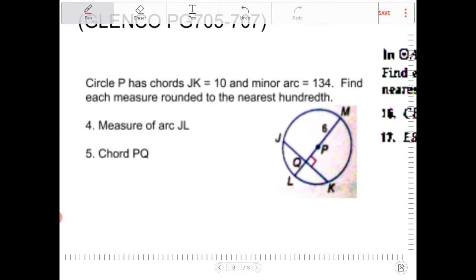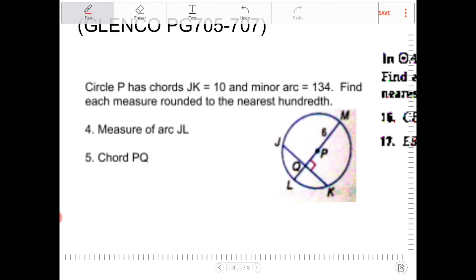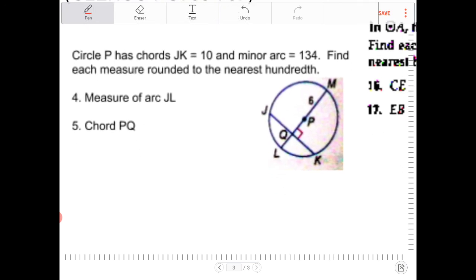And then we have these questions here. Circle P has chord JK equal to 10, and minor arc 134. Find each measure, round to the nearest hundredth. Measure of arc JL. Okay, so JK is equal to 10.